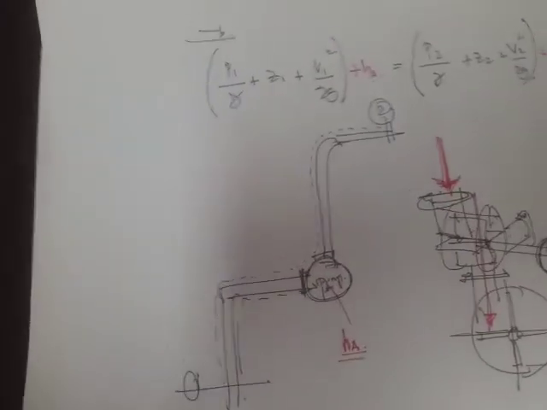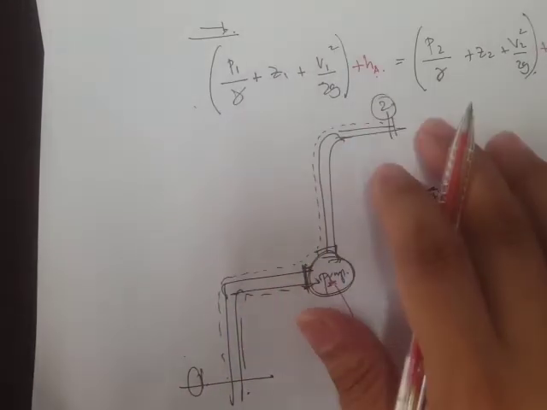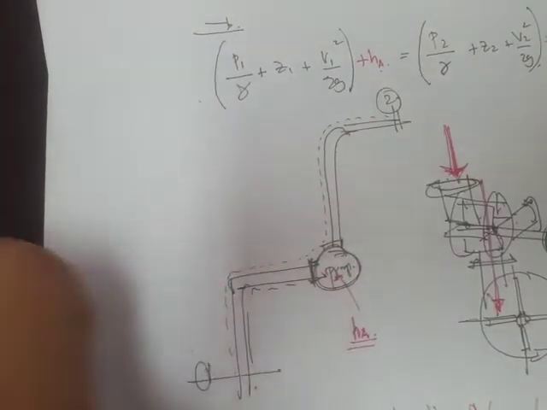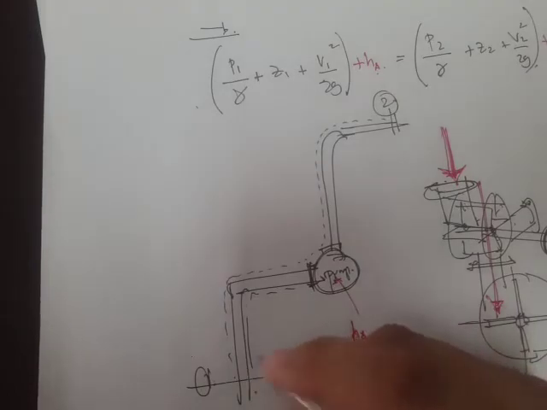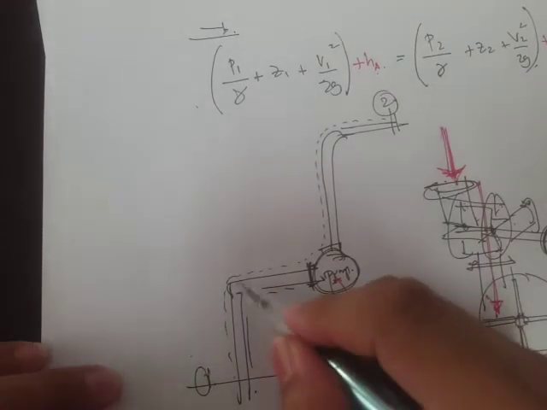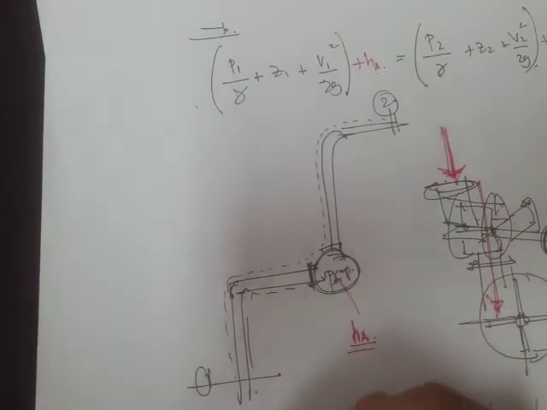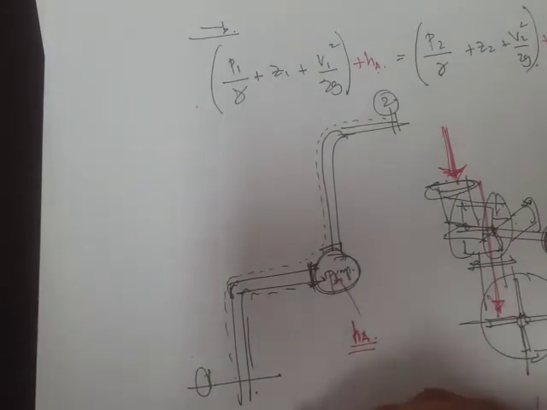Additionally, when transporting the fluid from point 1 to point 2, since the fluid is enclosed in this pipe, of course there are going to be frictional losses as well.